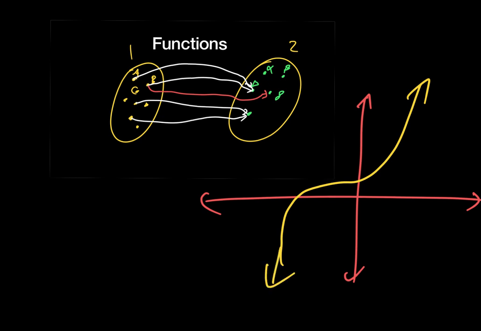And the reason why is for every x value, so if I'm here at x equals 1, and I look at the graph, there is only one place that that graph touches that point. Even if I'm way over here, it goes all the way up here, if it would extend up, and it goes through that point, but there's only one point where it touches the graph. That makes it a function.